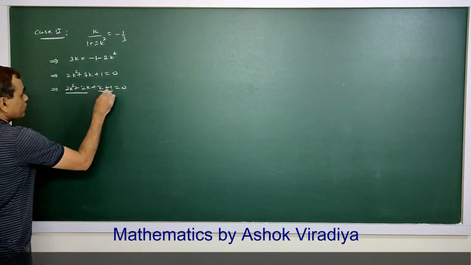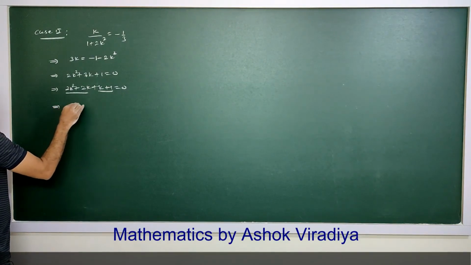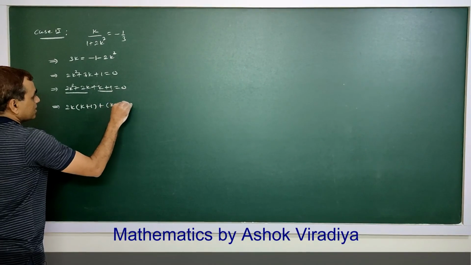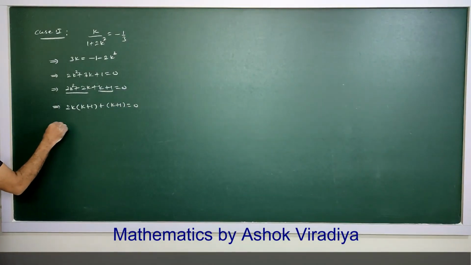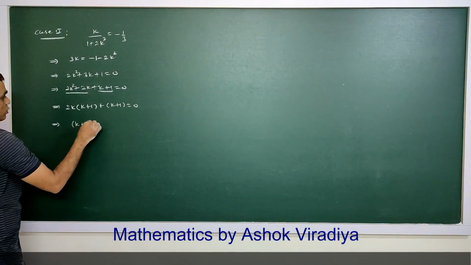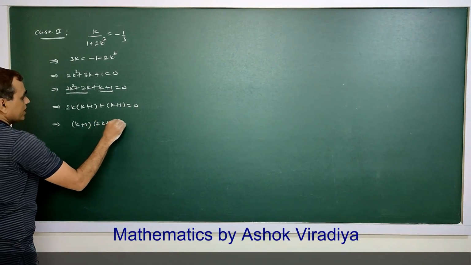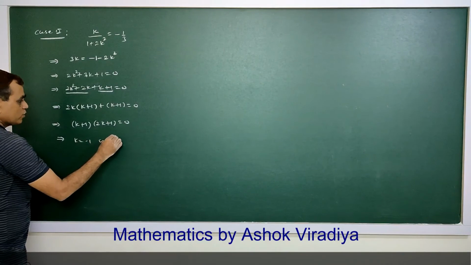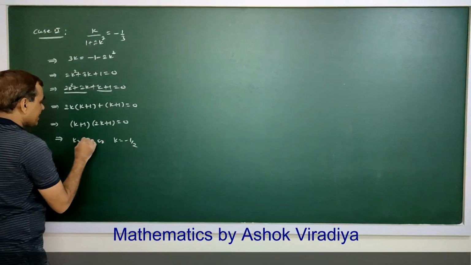So solving this equation, 2k is common, k plus 1, so (k plus 1)(2k plus 1) is 0. So k is minus 1 or k is minus 1 by 2.